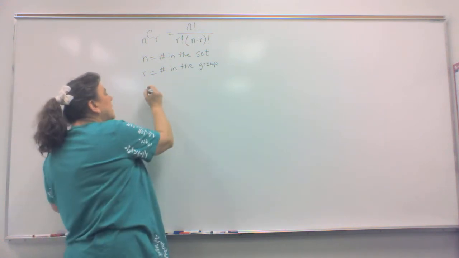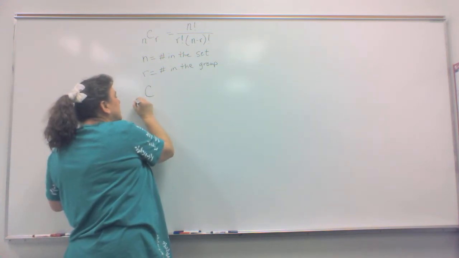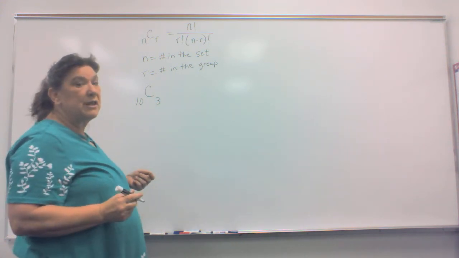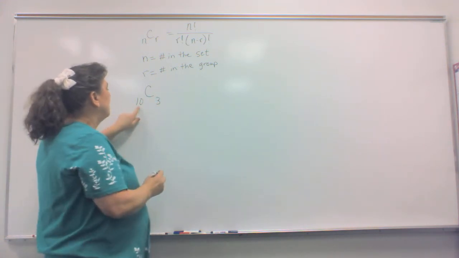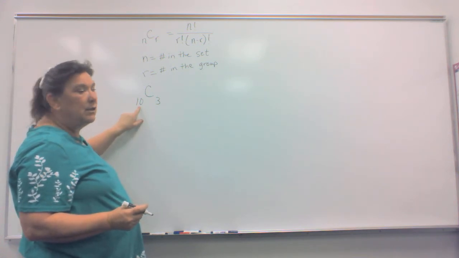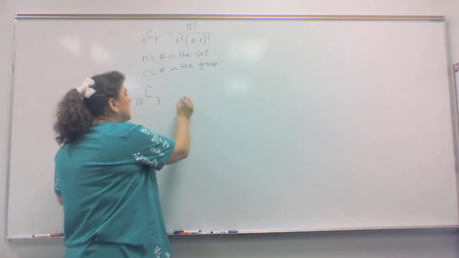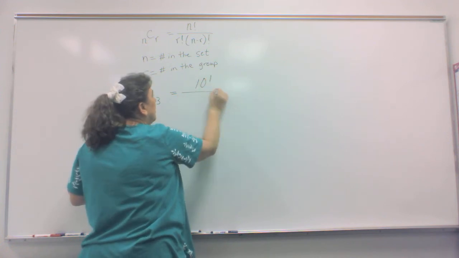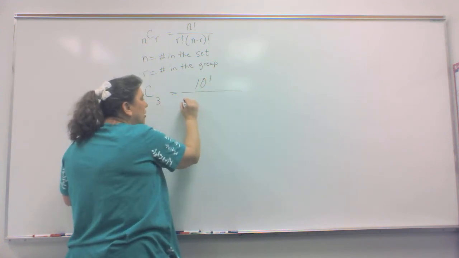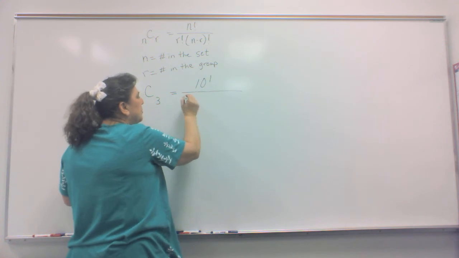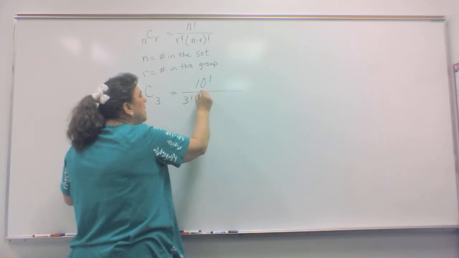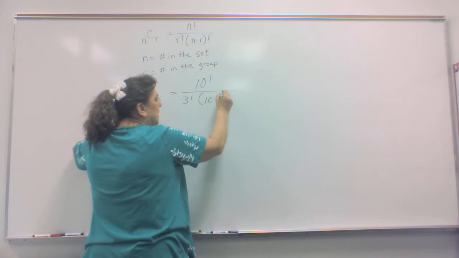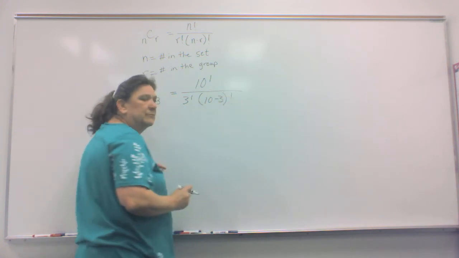So let's look at combinations 10 and 3. Same numbers we chose for the other one. So if we look at that, remember your n is 10, your r is 3. So this is equal to 10 factorial over my r factorial, which is 3 factorial, times my 10 minus 3 factorial.